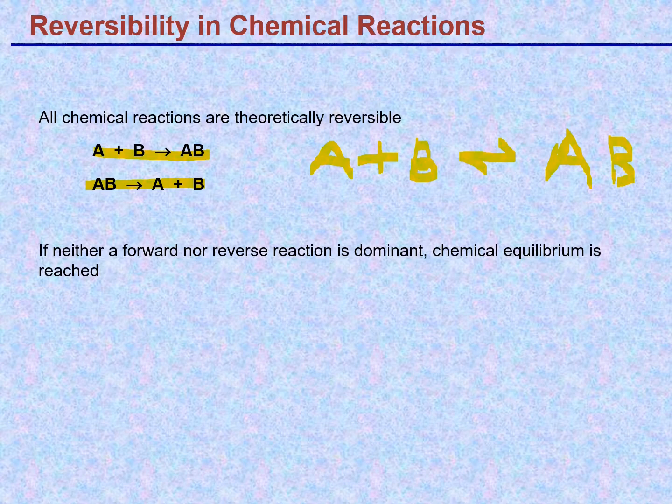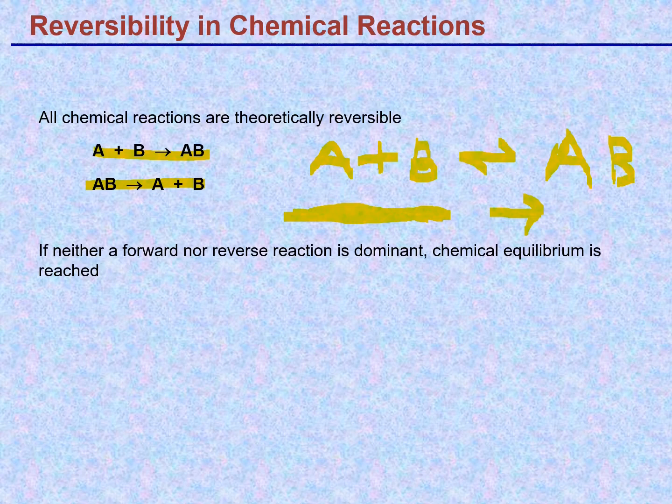Often in chemical reactions, what you find is if the constituents, the parts of the molecules that are involved on one side of a reaction, are in higher concentrations, so if A plus B are in higher concentrations, then the reaction will tend to go this way, towards forming AB.